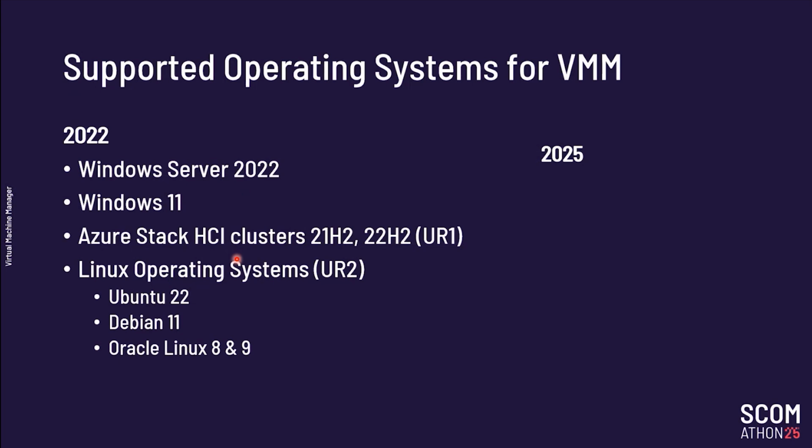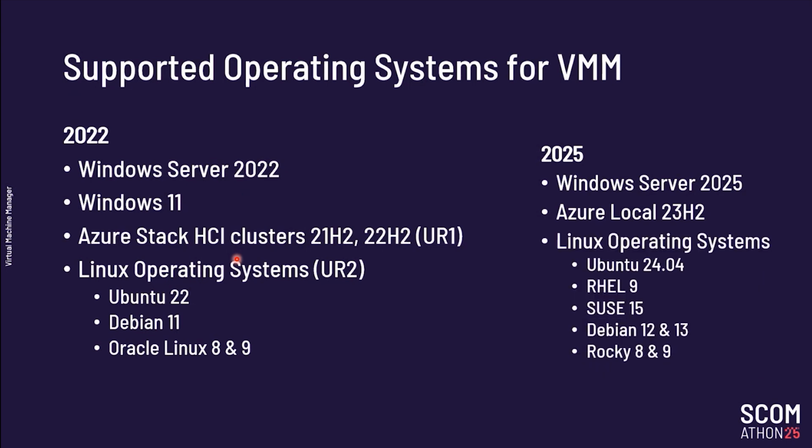This is one of the key points, Linux as well, because Microsoft has recognized that you're not only running Windows on the Hyper-V stack, but a lot of Linux, especially if you also have vSphere in place. VMM 2025 brings support for Windows Server 2025, and yes, we love Microsoft for renaming things. We now have Azure Local, which is basically the new name for Azure Stack HCI, and it is supported here. And again, a larger list of Linux operating systems is added for support. I haven't ever tried Rocky, but one of the others I'm more familiar with.